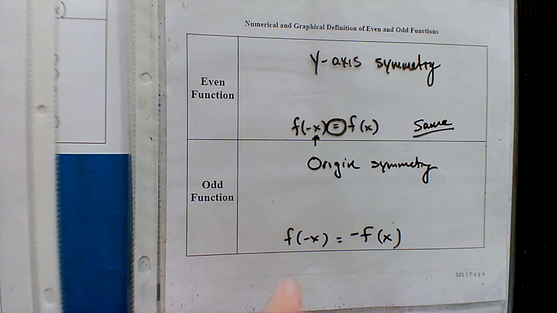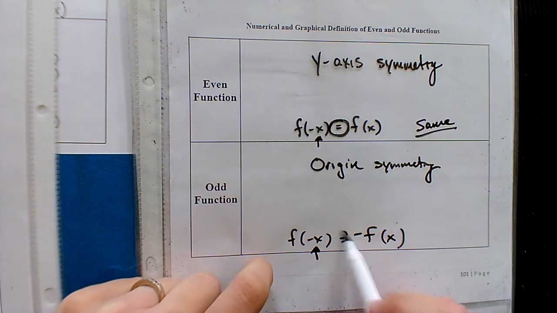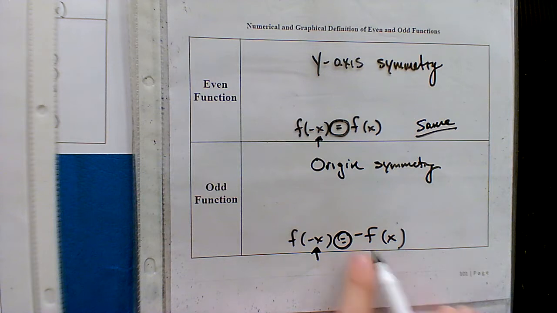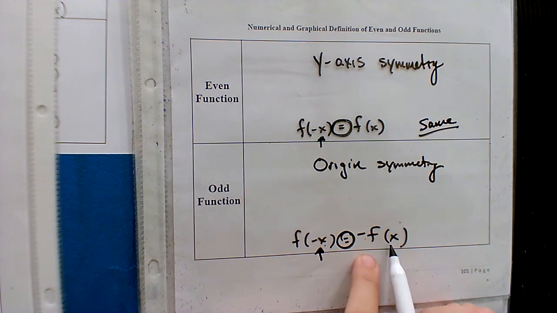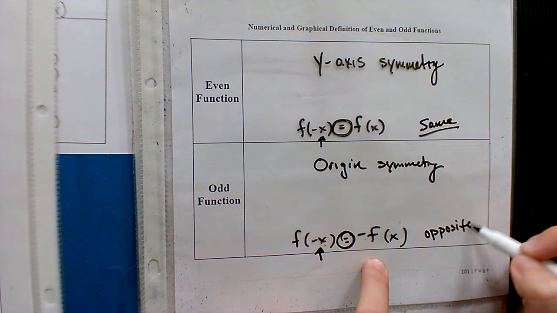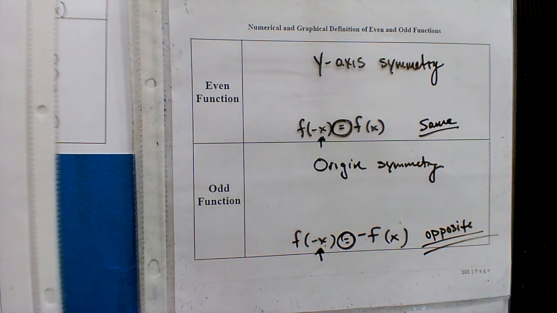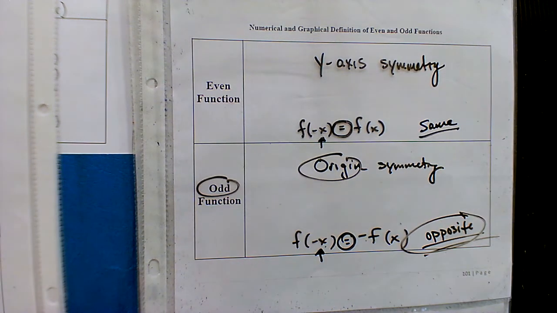If we were to plug in negative x, we should get out the opposite of the original function that we started with. Can we see how that's written? If we plug this in, this is what we get out. So we're looking for an opposite relationship for this origin symmetry. I think this is helpful: odd, origin, opposite. O-O-O. They're all connected.